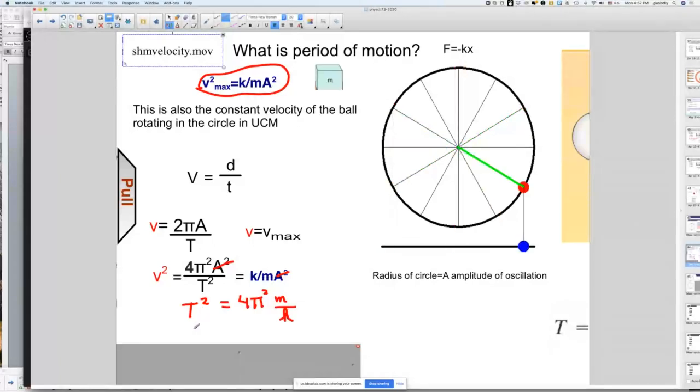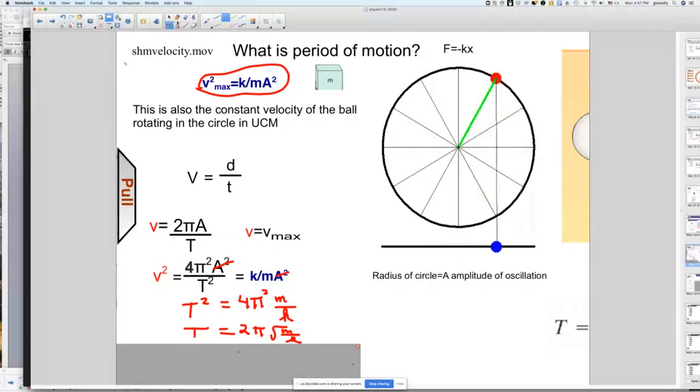Solve for T, you take the square root of both sides, and you get, well, this is just 2 pi square root of m over k.